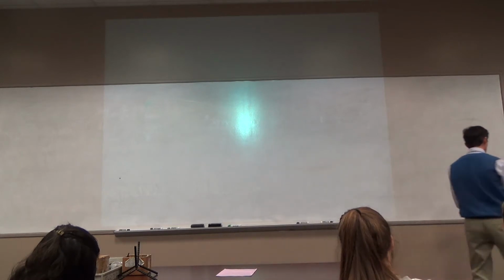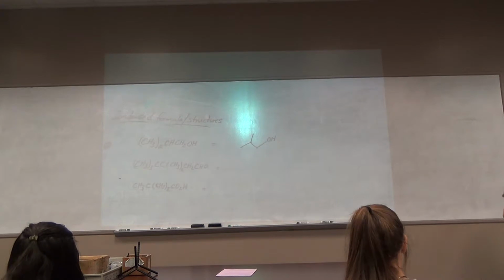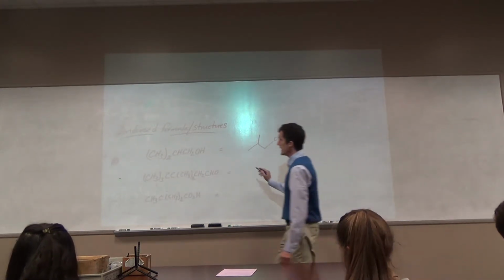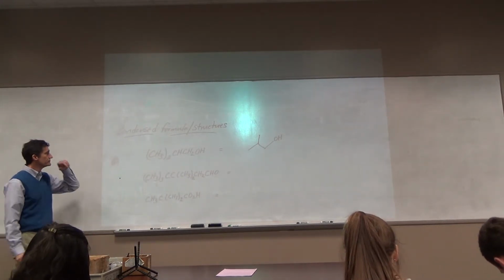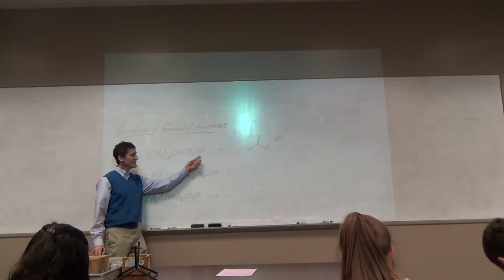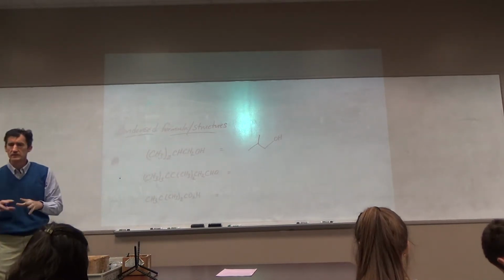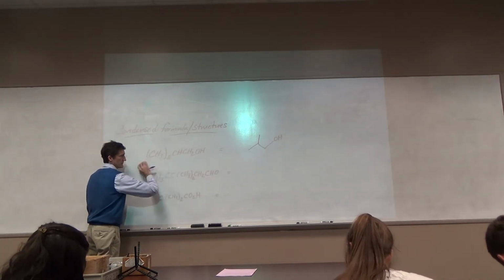Next page, condensed formula structures. We have to get used to these condensed, or sometimes called linear formulas. They're basically typed out, so you can type it up on the computer, like word processing.